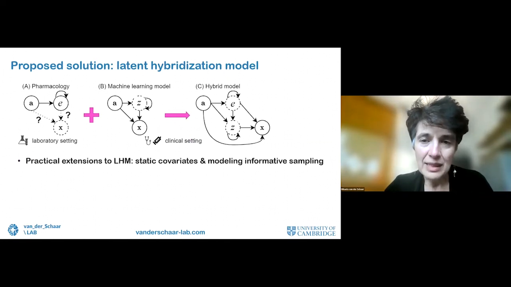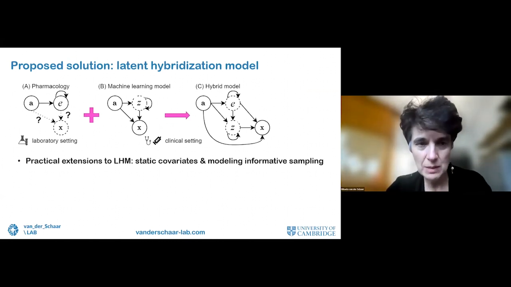Note that the practical extensions of this latent hybridization model could include static covariates, thereby enabling personalization. And also we can model informatively sampled data, which is very important in clinical settings because we do not have observations at all times.